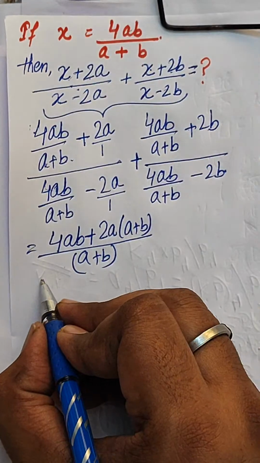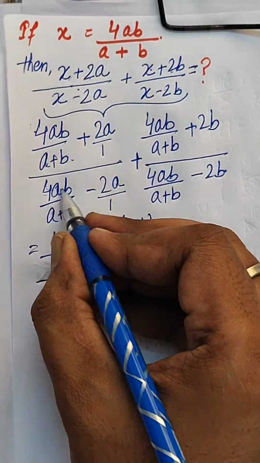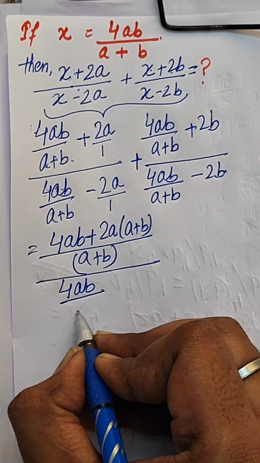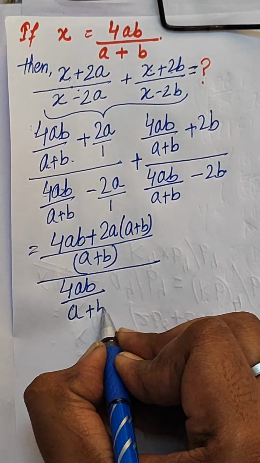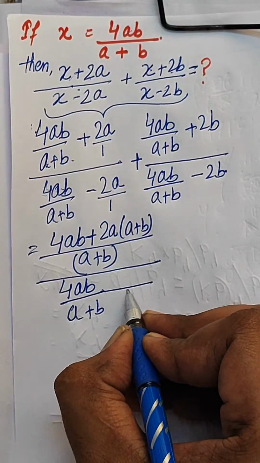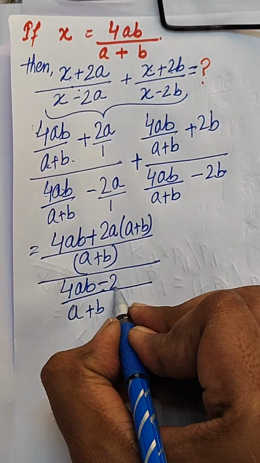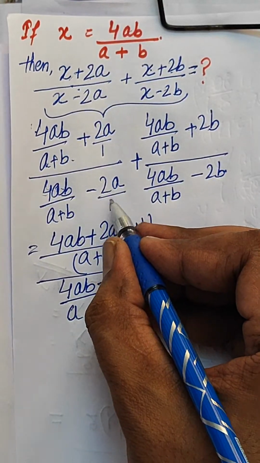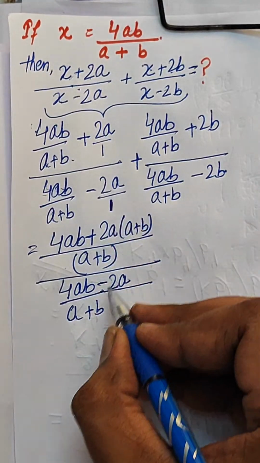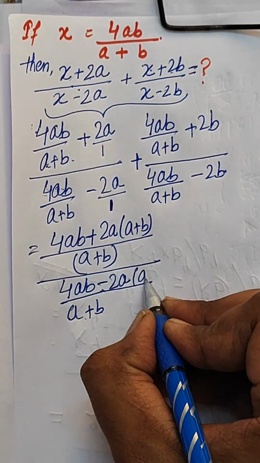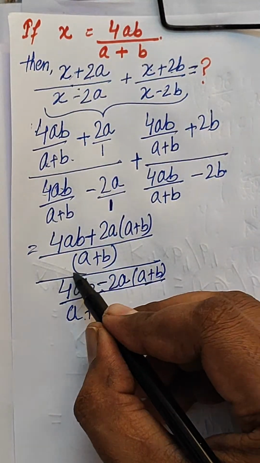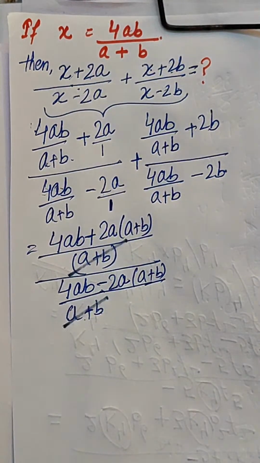So this will be looking like this, divided by, again in the denominator of the first fraction, 4ab by a plus b. Let us extend this fraction. Then minus 2a. Here the denominator of 2a was 1. So 1 will be multiplied with a plus b. So it will be looking like this. So from this step you can see a plus b and a plus b will be cancelled out, right?